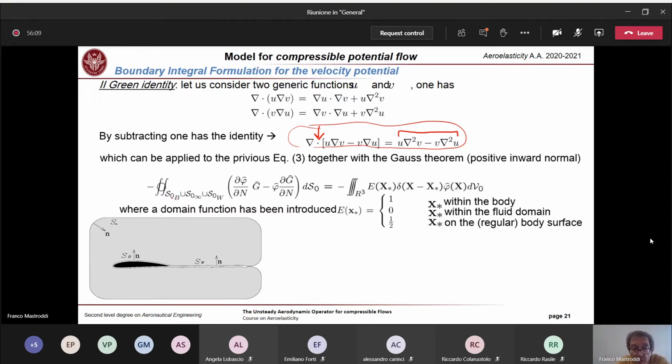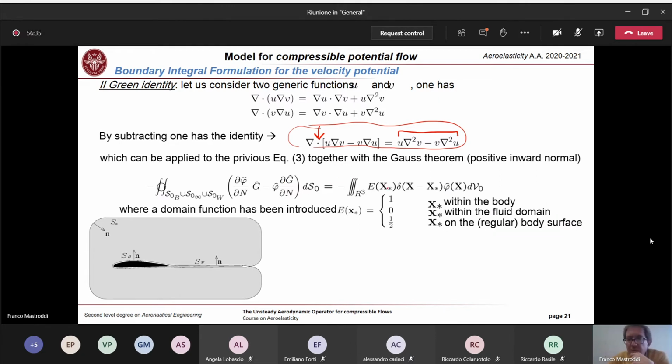So this zero means we are reminding that we are working with the Prandtl-Glauert quantity. So we have S0 on the body plus S0 at infinity plus S0 on the wake. And we have this famous quantity, but for the hat quantity only.